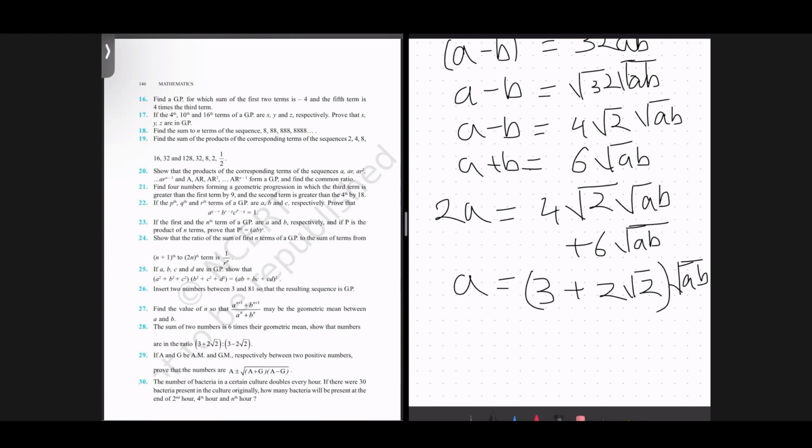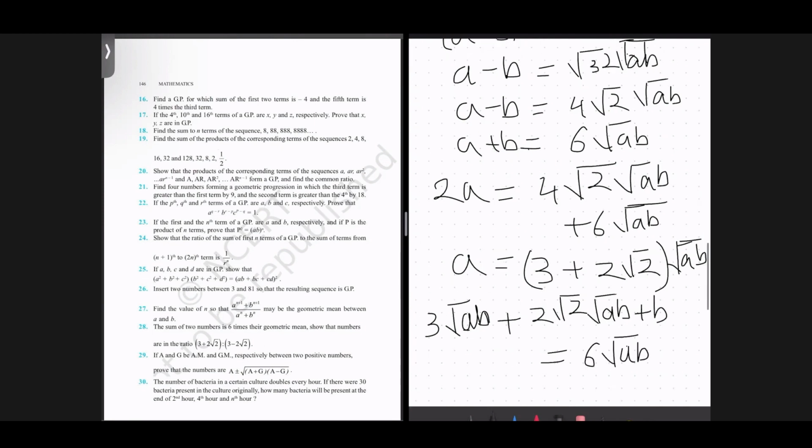Correct. Plugging this value of a into the first equation, you get 3 root ab plus 2 root 2 root ab plus b equals 6 root ab.